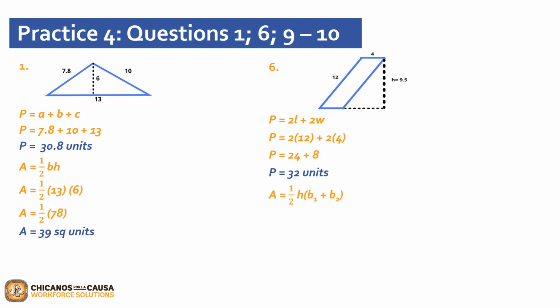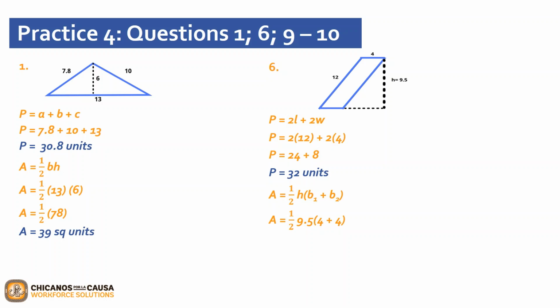The formula of a trapezoid is 1/2 times its height times base 1 plus base 2. So we know all those numbers. Let's go ahead and replace the variables with the values given. We have a height of 9.5, base 1 is 4, and base 2 is 4.